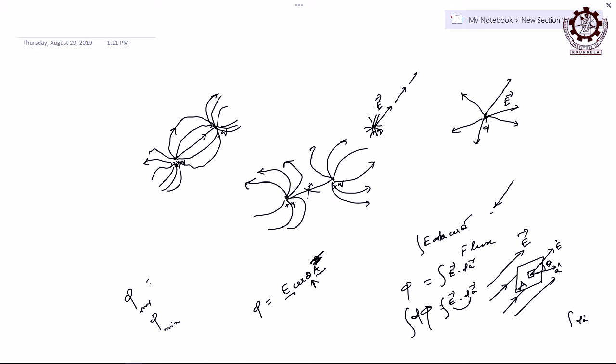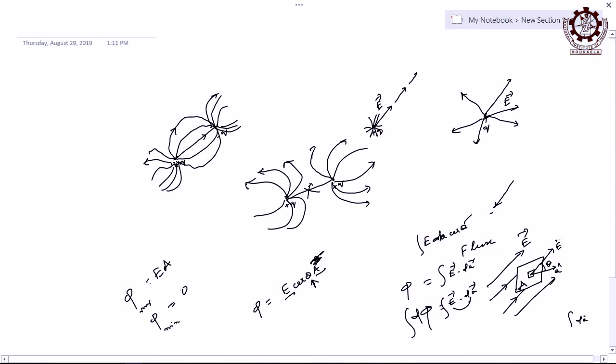And what is the flux linked? E into A. Similarly, when theta is 90, it is minimum. That means if field lines are going in this direction and the area is like that, then the normal to the area is in this direction. So the angle will be 90, then no flux will link, and hence this will be 0. So only with respect to the orientation of the area you have maximum and minimum values, and all the rest are in between 0 and 90.